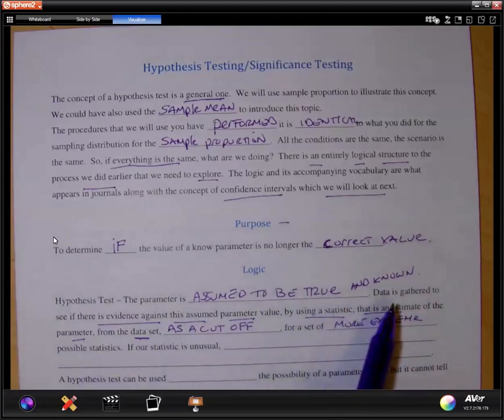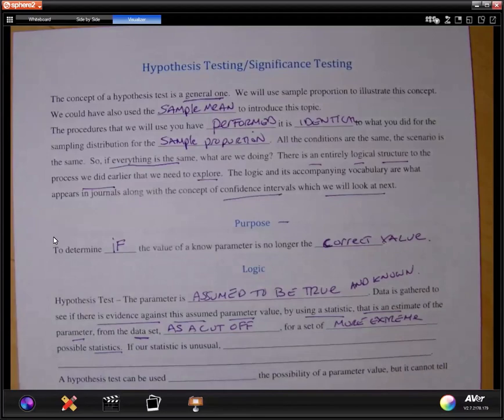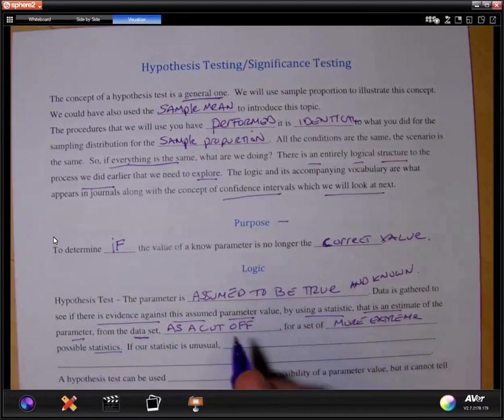So that our summary from the data is going to be used as a cutoff. And then we're going to look at, well, cutoff for what? For a set of more extreme possible statistics that never did occur, but it's the beginning of a range of numbers.